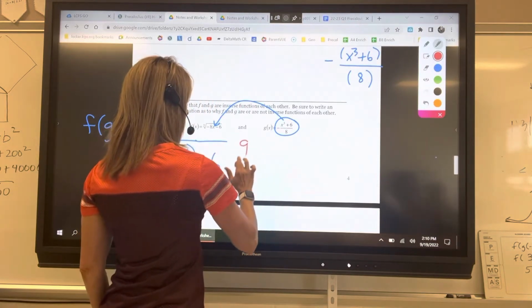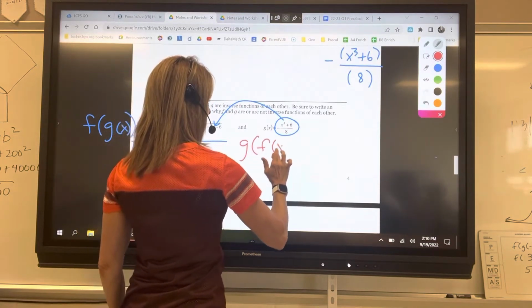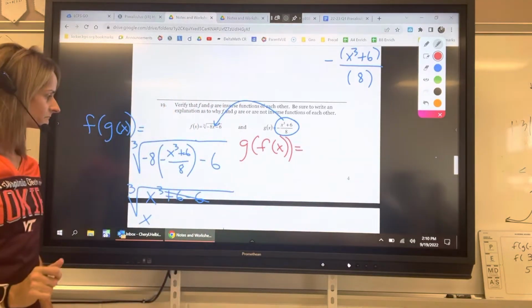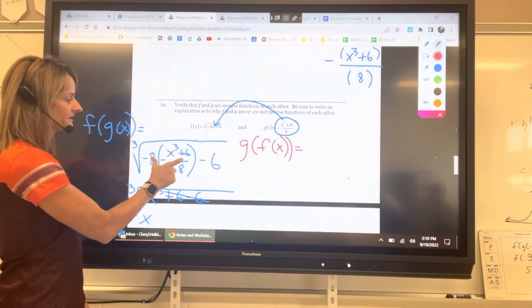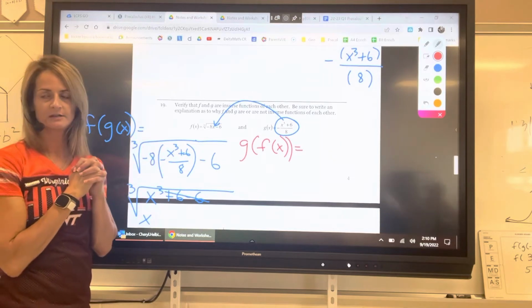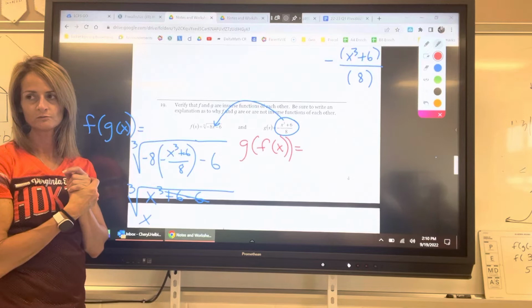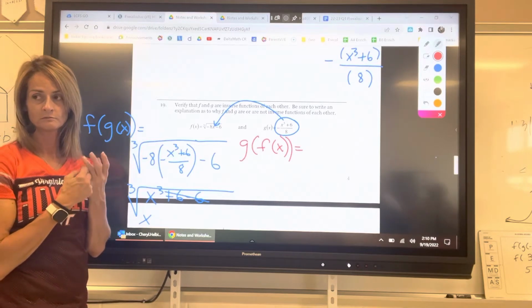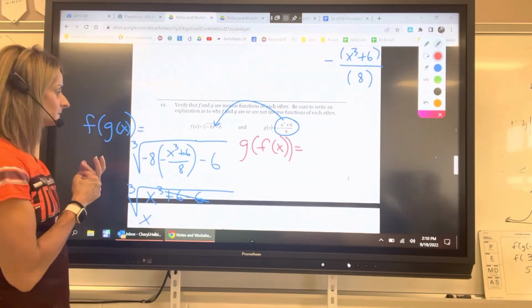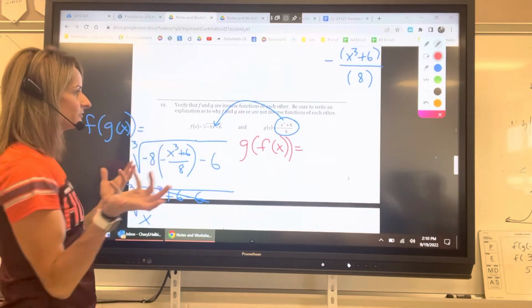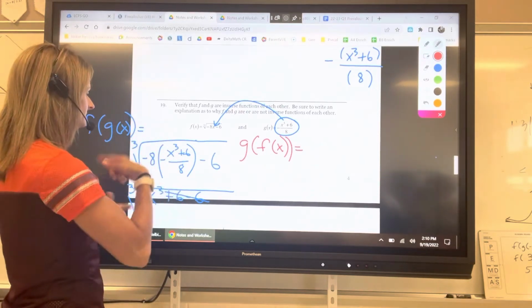We have a question about what happens to the negative in the square root with the fraction. A negative times a negative is positive. I was thinking about it like negative 8 plus 8. That's what I was trying to explain with the distribution.